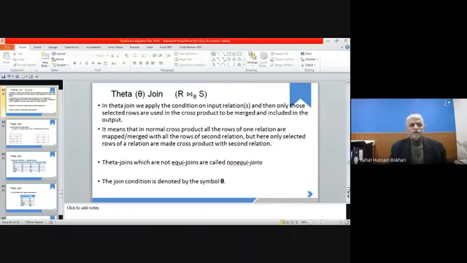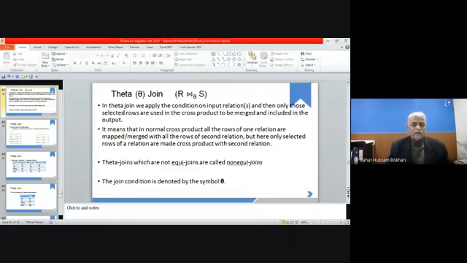So now we have to consider the theta join. With the theta join, we have some sort of input relation, and only those selected rows are used in the cross product to be merged and included in the output.